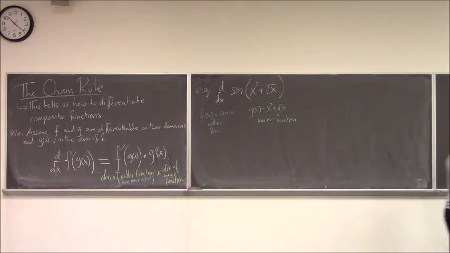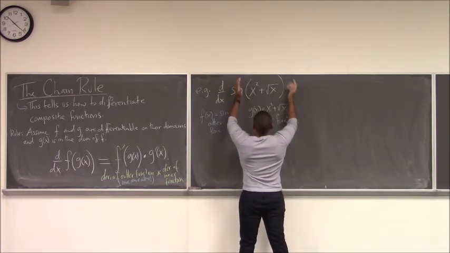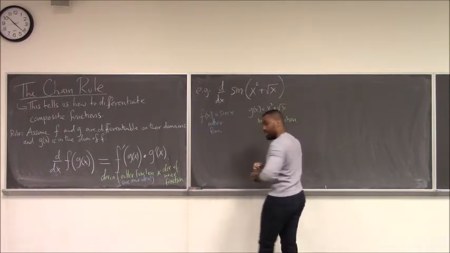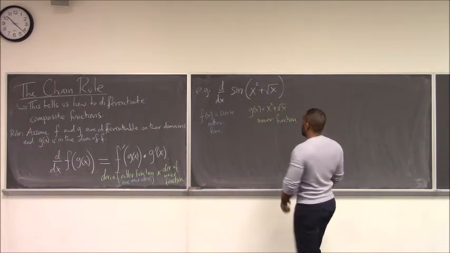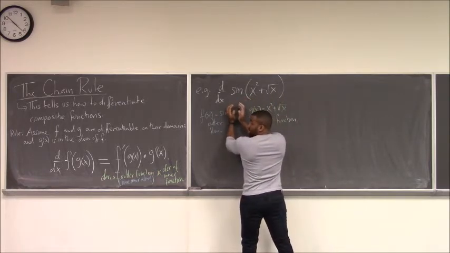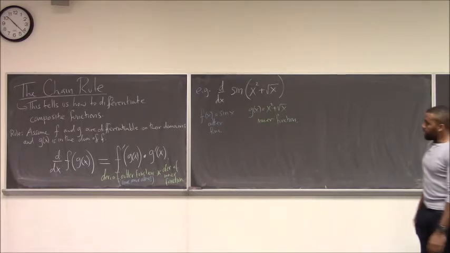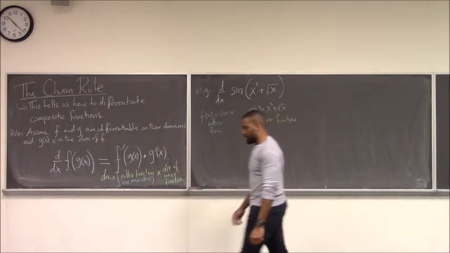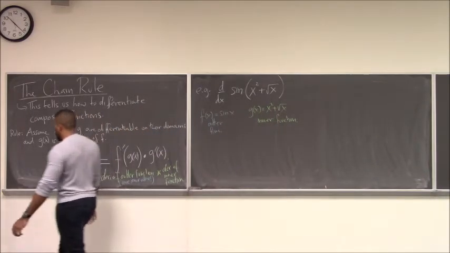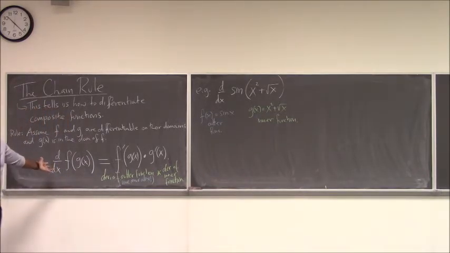Notice that the sine is on the outside. We have sine of something, but there's something inside the sine that's not just an x. So I took a whole function and plugged it in. The sine is the outer function, and I have an inner function of x squared plus radical x. Now we might ask, how would you differentiate something like that? Well, you would follow this rule.